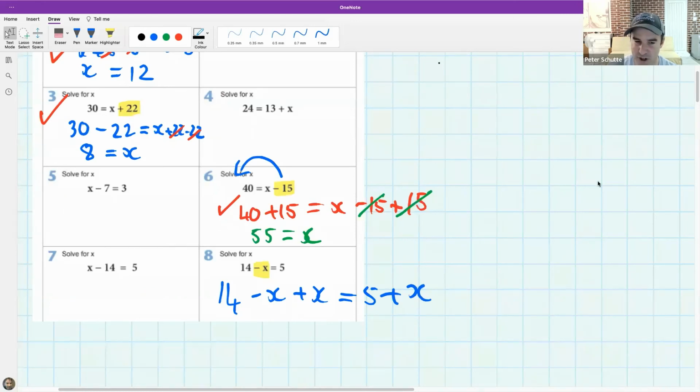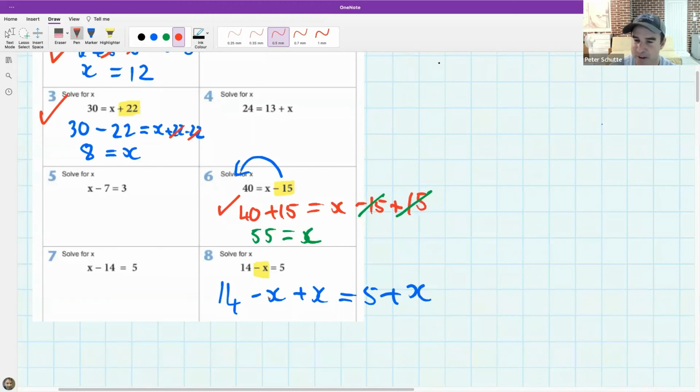Who is willing to give it a go? Ayanda, why do you think I decided to go plus x? Because for it to be cancelled out, you have to, for it to be staying on itself, I think.